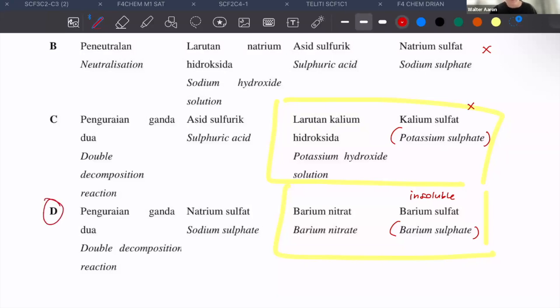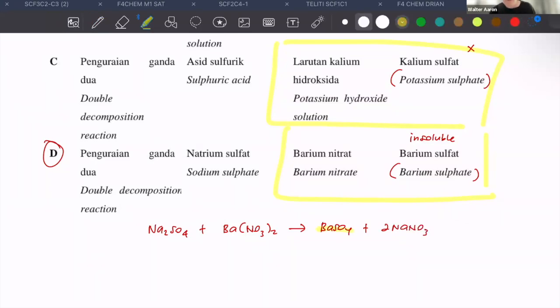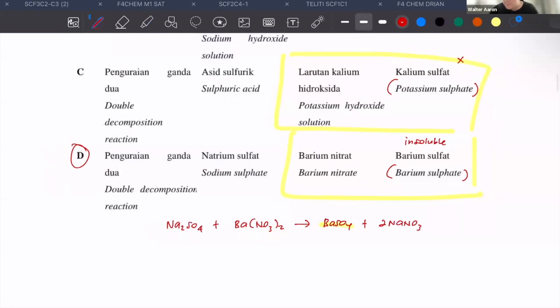If you add sodium sulfate and barium nitrate together, according to this equation, Na2SO4 plus Ba(NO3)2, you will get barium sulfate and sodium nitrate. This will create an insoluble precipitate, which can then be filtered off, which is what you see in the diagram.